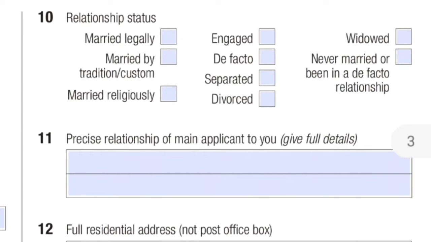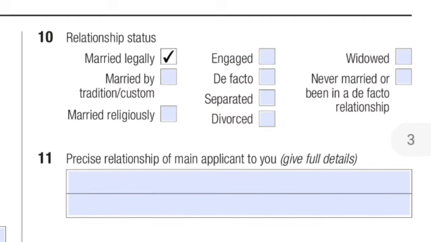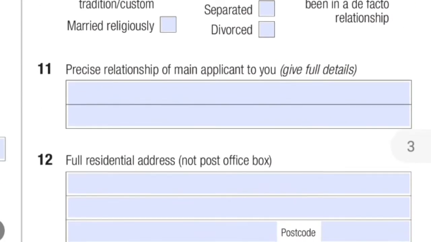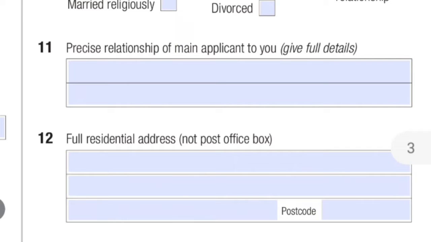In question 10, choose the main applicant's relationship status, such as legally married, divorced, or unmarried. Choose the appropriate option. In question 11, write the exact relationship between the sponsor and the main applicant.